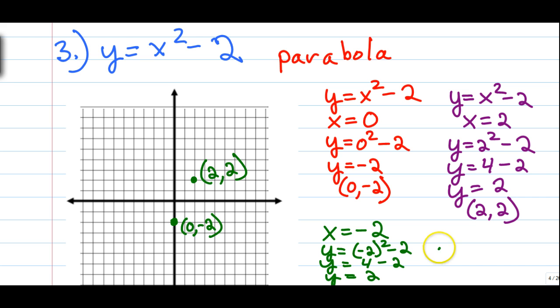So now I have an ordered pair of -2, 2. So I come up here and go out -2 places and then rise 2 places. This now gives me -2, 2. And I can see that this is starting to create my parabola. I have met the requirements of the instructions. I have graphed this equation.